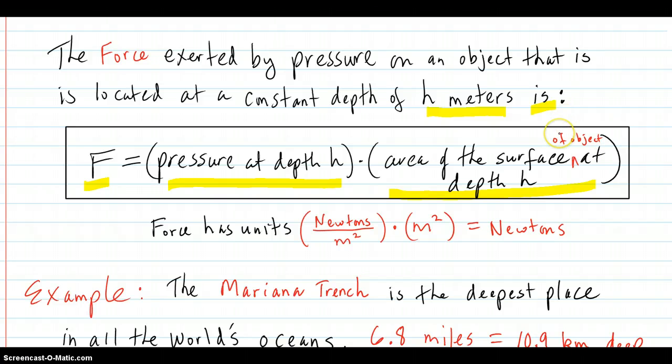As long as it's flat, and exactly at the depth h. So pressure times area. So force has the units of the pressure times the area, and of course those cancel out and you get newtons. So those are force units.